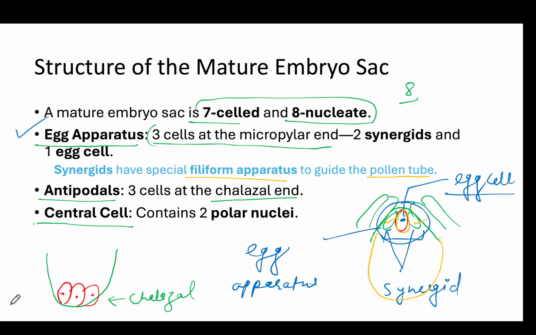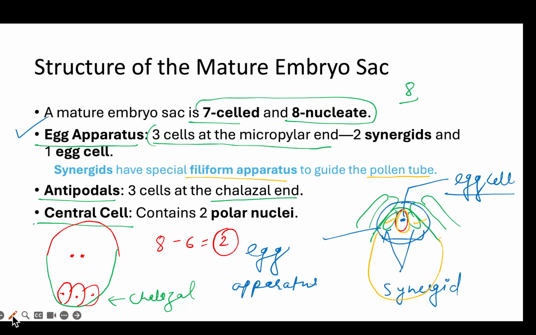So out of 8, 6 cells are already covered. How many are remaining? 2 cells. These 2 cells are present at the center.